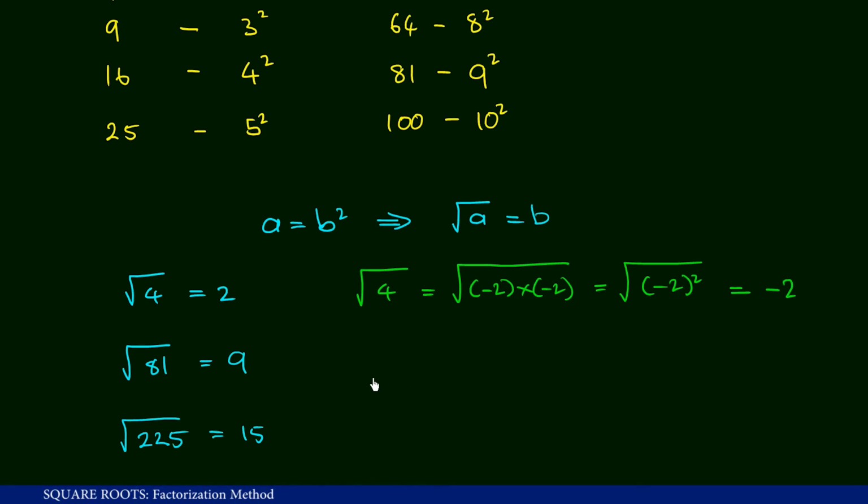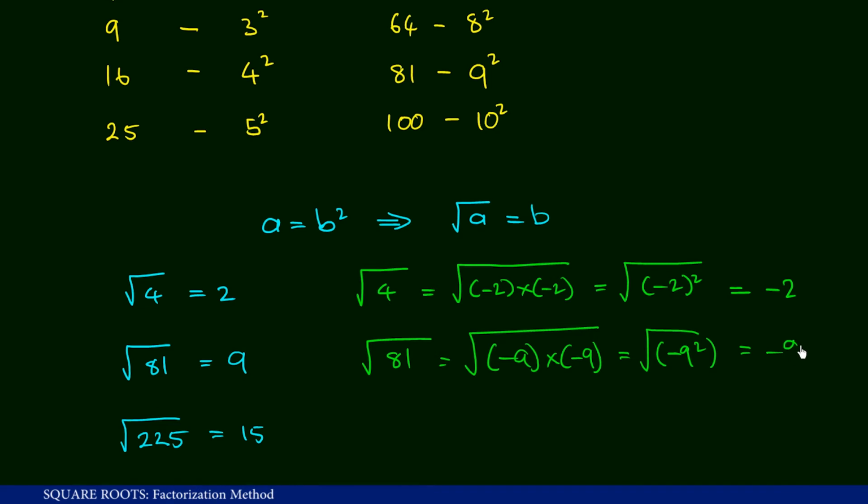Likewise, for the square root of 81, it could also be the square root of minus 9 times minus 9, which is equal to the square root of minus 9 squared, or equal to minus 9.